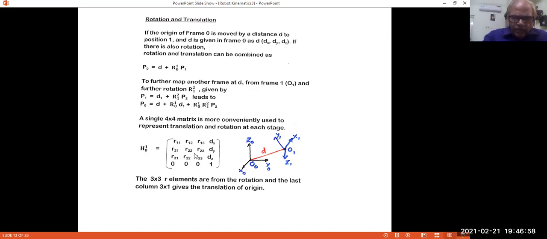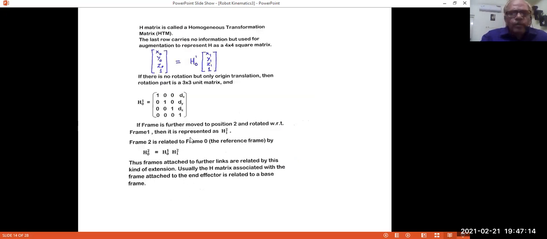Instead of all these linear terms, you can have a single matrix to represent each of these conversions, each of these changes, H10, H21. We have 4 by 4 homogeneous transformation matrices, so that you can look at multiplying each of those 4 by 4 matrices to obtain the composition of displacement and rotation. This is what we'll be leading to because we try to fix frames on each of the links and progressively right up to the end effector.